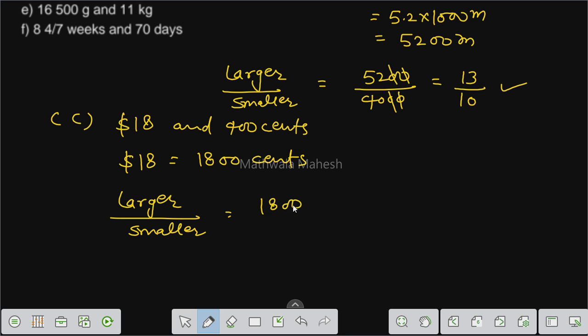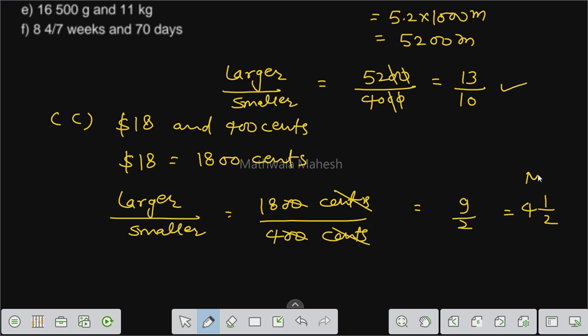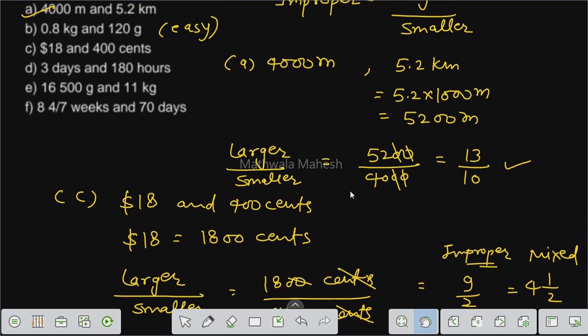Larger one is 1800 cents upon smaller one is 400 cents. 9 upon 2, and we can get 4 and half. Okay, this is the mixed fraction and this is improper. Answer is 9 by 2. And you can do the remaining question.